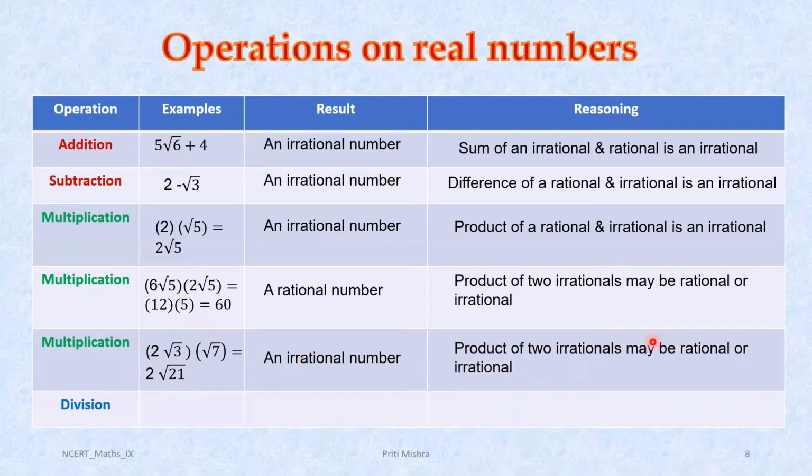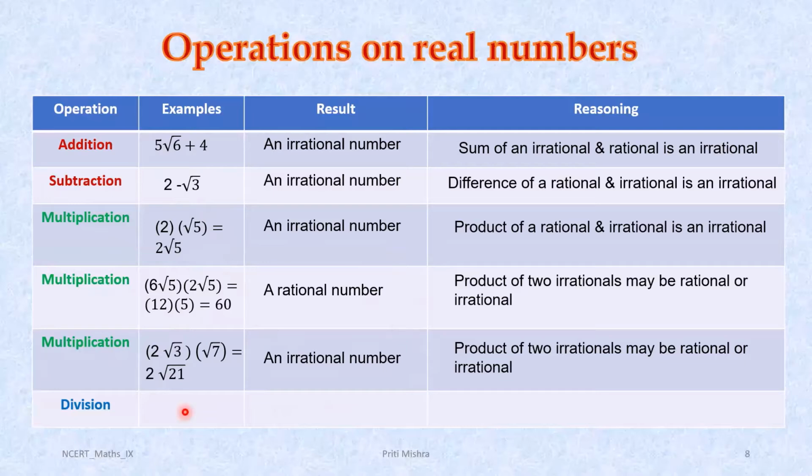Product of two irrationals may be rational or irrational. See, here we are getting a rational number as result and here we are getting an irrational number as a result of product while we are multiplying both irrational numbers. And in the earlier example, I had shown you that one number was rational and another was irrational. So three types of results we can have over multiplication on real numbers.